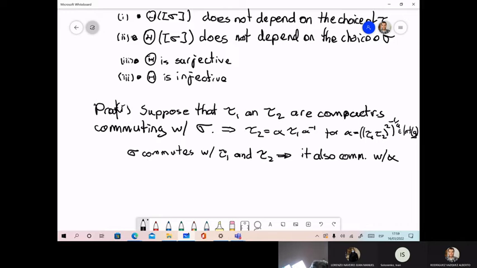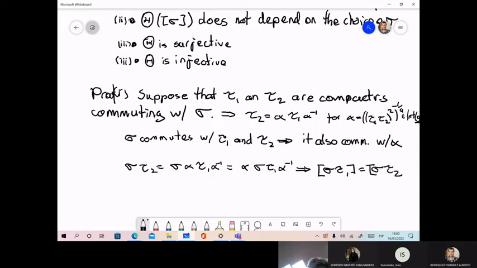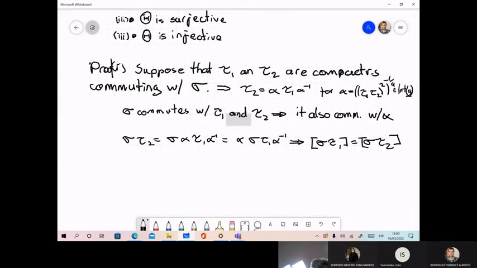Okay, but now we have the following: sigma tau2 is just sigma alpha tau1 alpha minus 1, and sigma commutes with this, so this is alpha sigma tau1 alpha minus 1, and thus we have that sigma tau1 is equal to sigma tau2. Thus it does not depend on the choice of compact real structure.